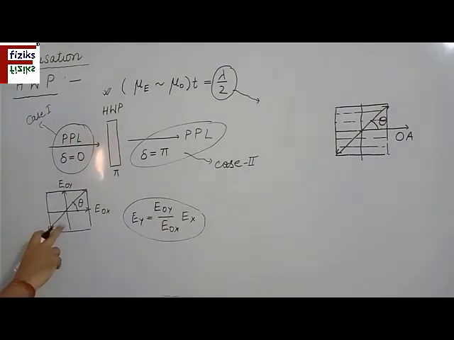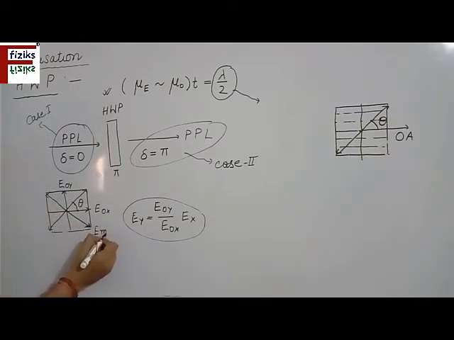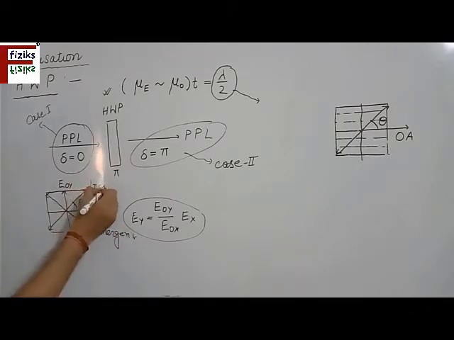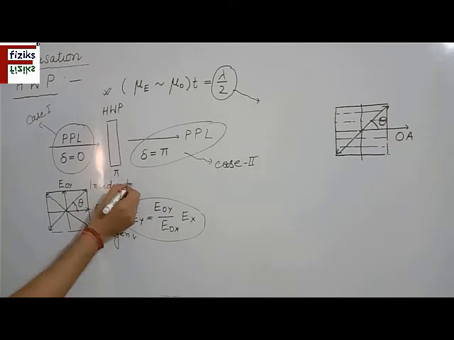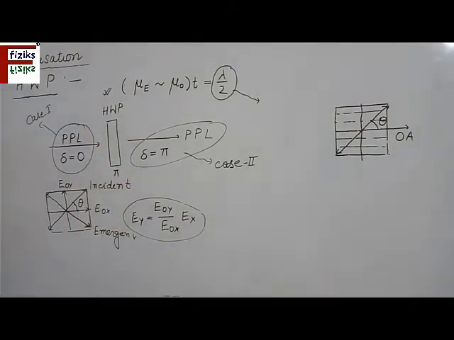So this is the incident light, and what will be the emergent light? This will be the emergent light. On the emergent side we will have plane polarized light, but its electric vibration will be rotated by an angle theta, by 2 theta angle.